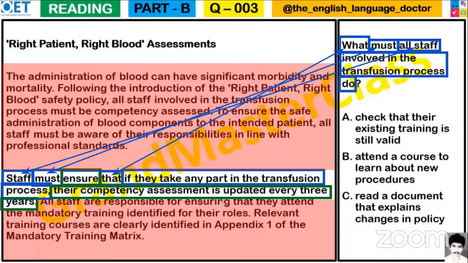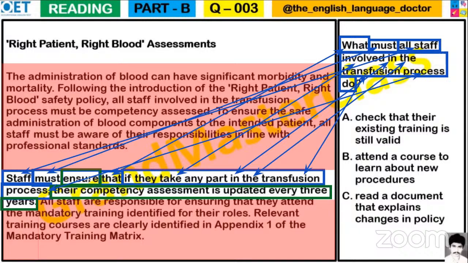That means what? Take part in. Take part in means participate, means involve in the transfusion process.